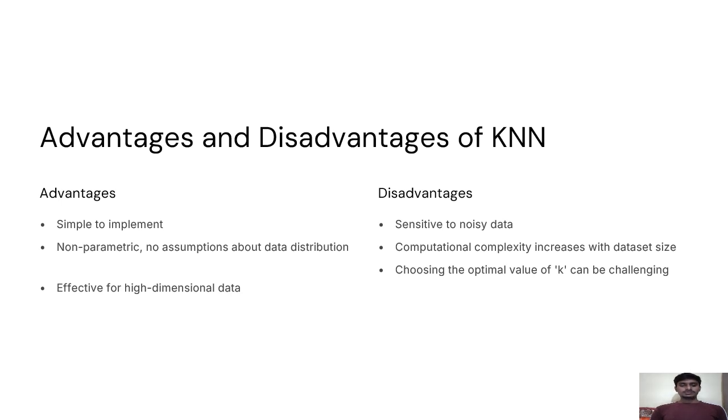Advantages and disadvantages of KNN. There are three advantages. It is simple to implement, non-parametric with no assumptions about the data distribution, and effective for high dimensional data.